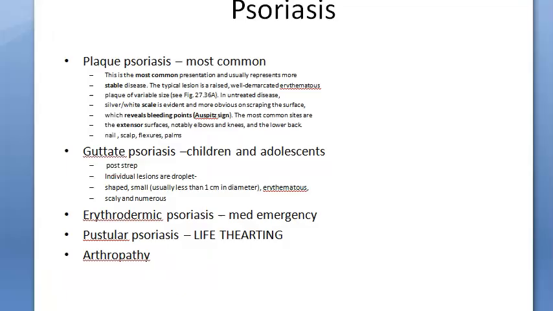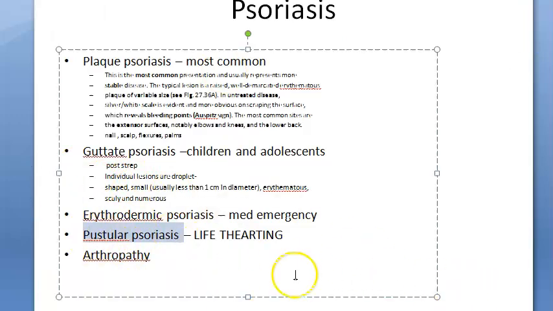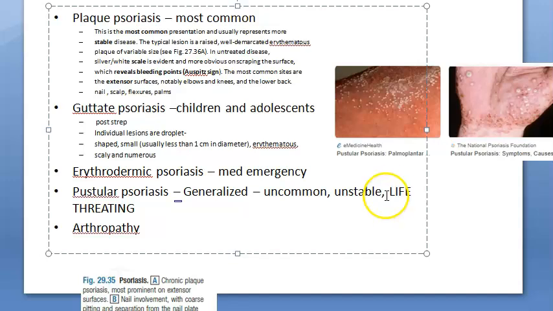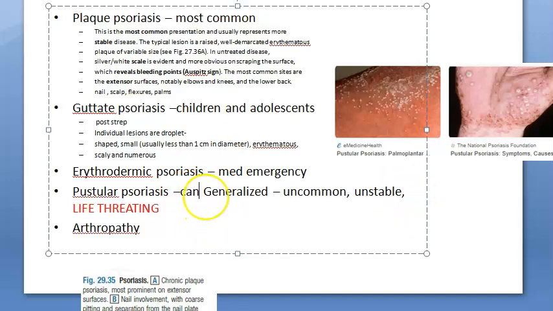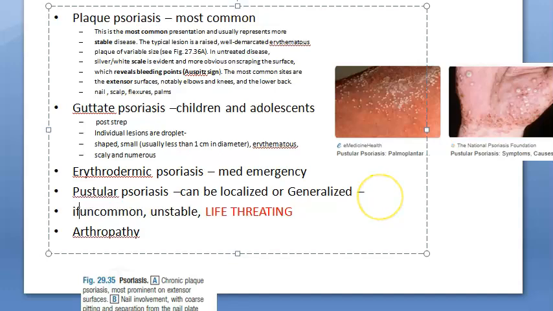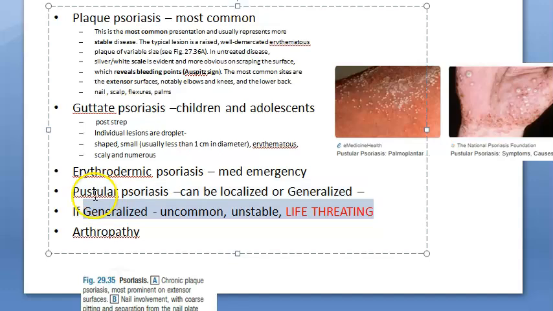Okay. Now let us go to the fourth one, pustular psoriasis. This is also important. This is life-threatening, especially if it is generalized. So in this you will remember that it is life-threatening. It can be localized or generalized, and if it is generalized, then it is uncommon, unstable, and life-threatening.